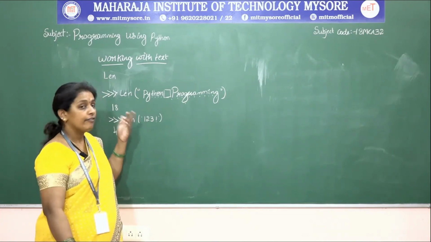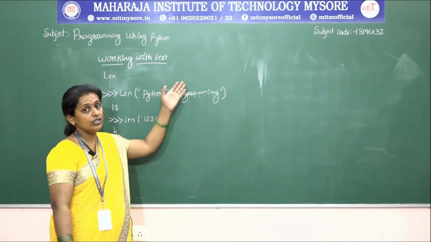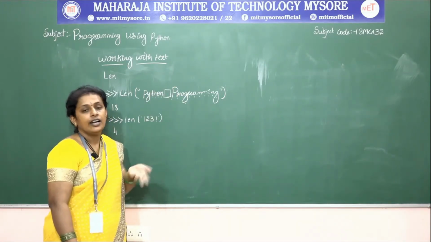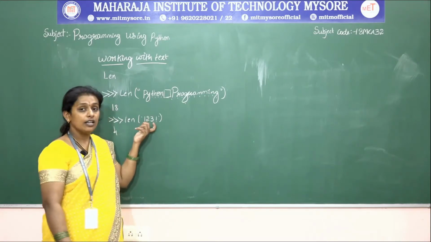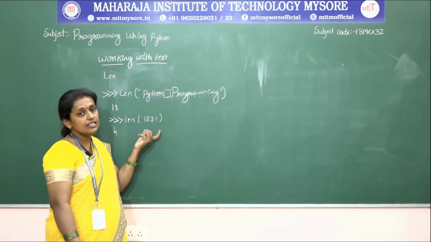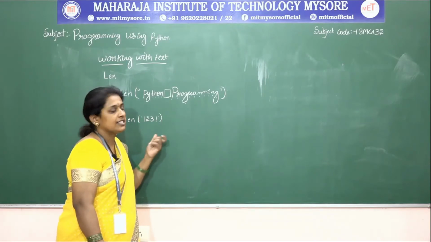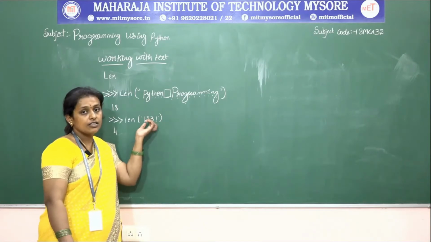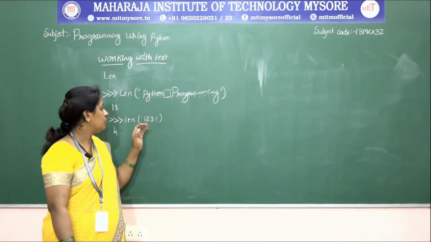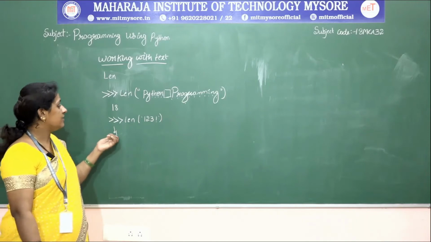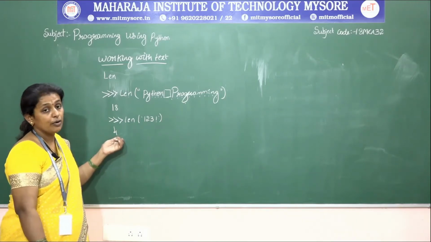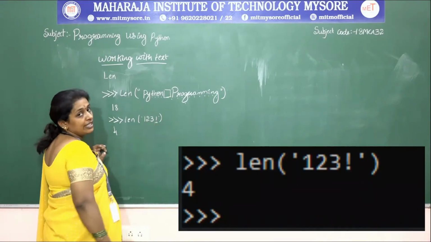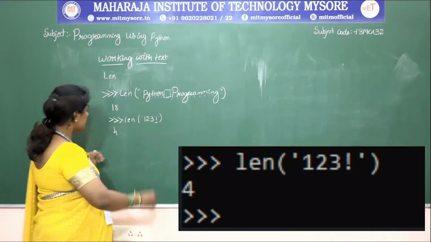I told you earlier that a string can be a digit. So when numbers are enclosed in single or double quotes, they are treated as a string itself. The output will be 4: the characters 1, 2, 3 and one exclamation symbol.